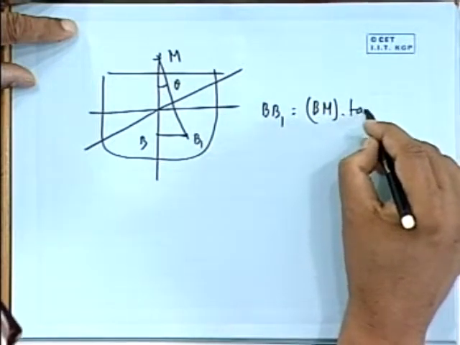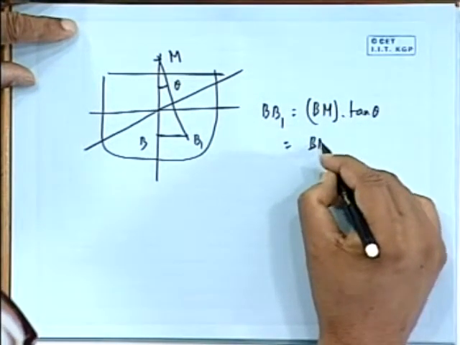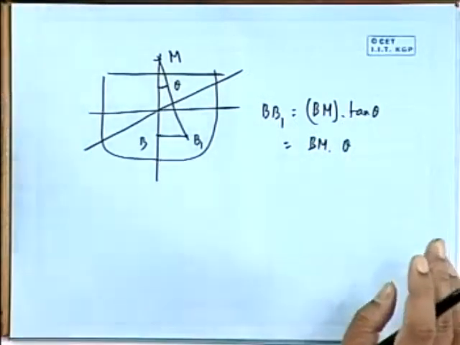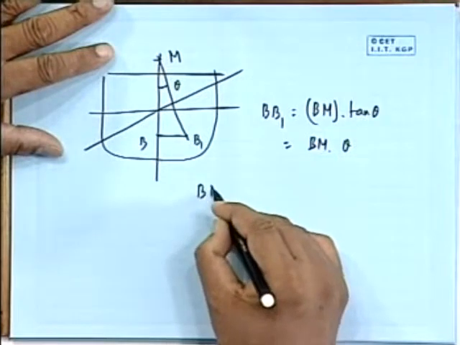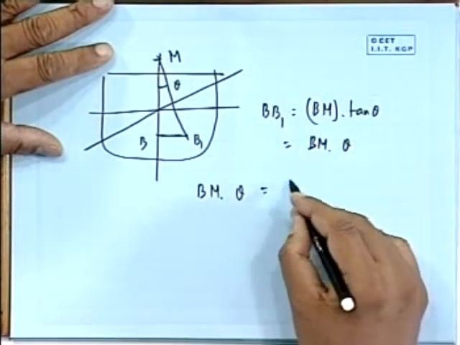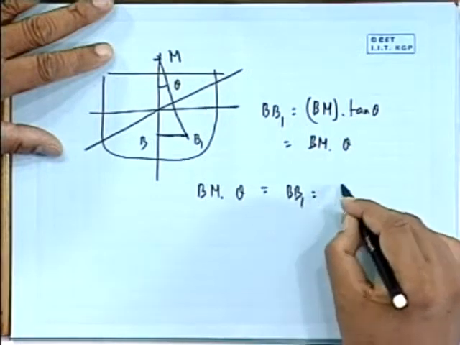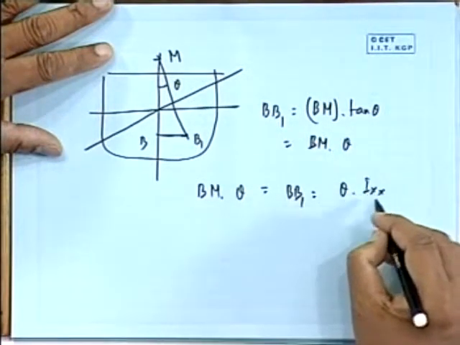M theta, which will of course become BM theta. Again same thing, you see, because theta is always taken very small. So we end up finding that BM theta equals BB1 equals theta into Ixx by volume.